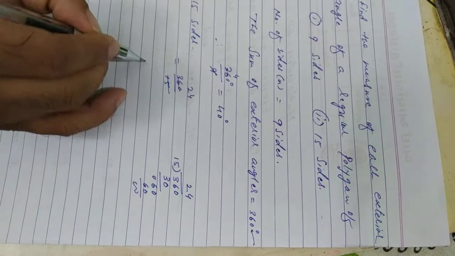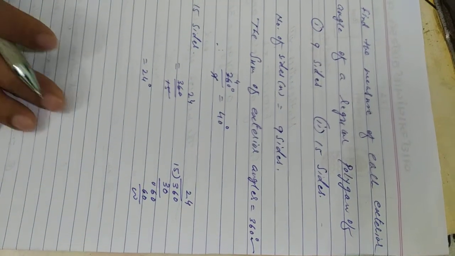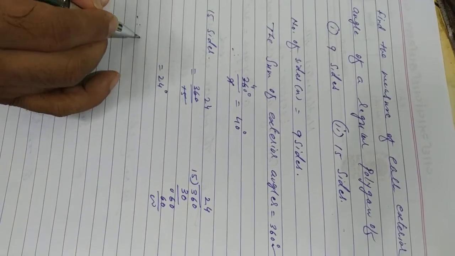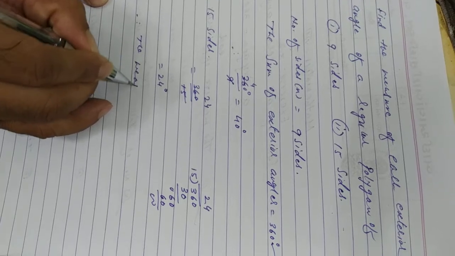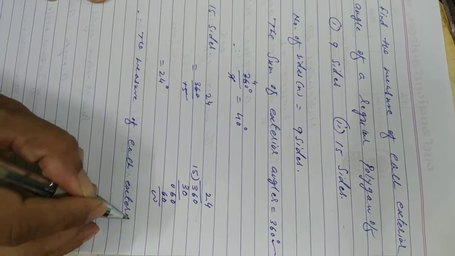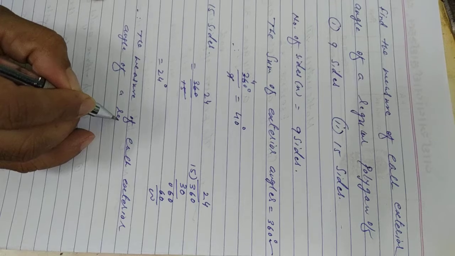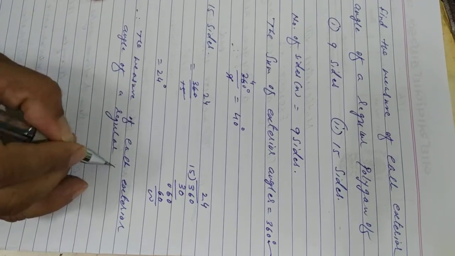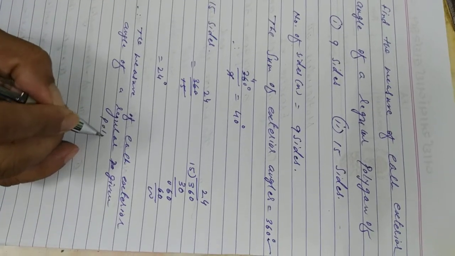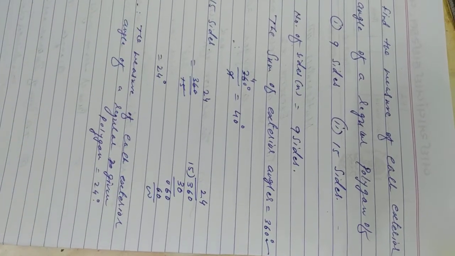So we can say, what is the measurement of each angle? The exterior angle of a regular polygon is equal to 24 degrees. Therefore, the measure of each exterior angle of the given regular polygon is equal to 24 degrees.